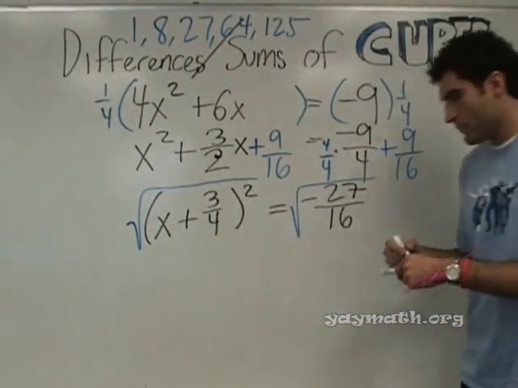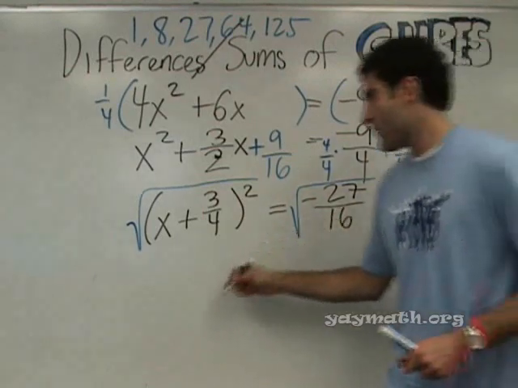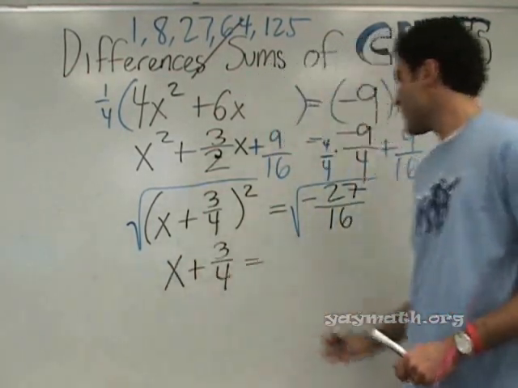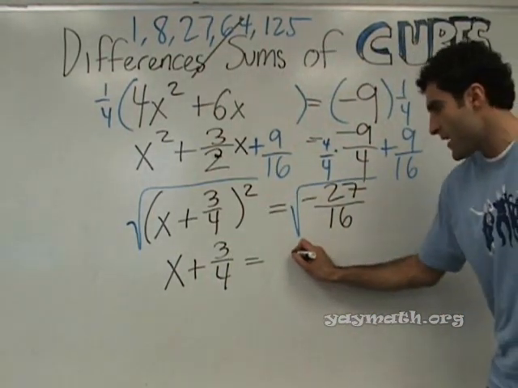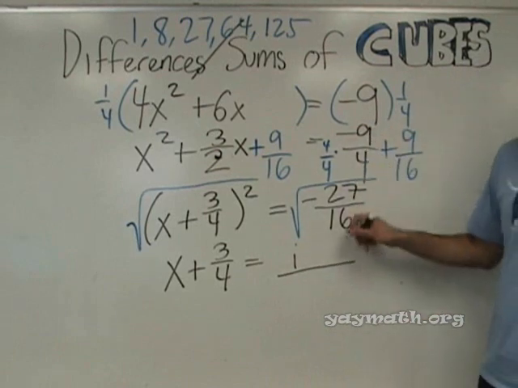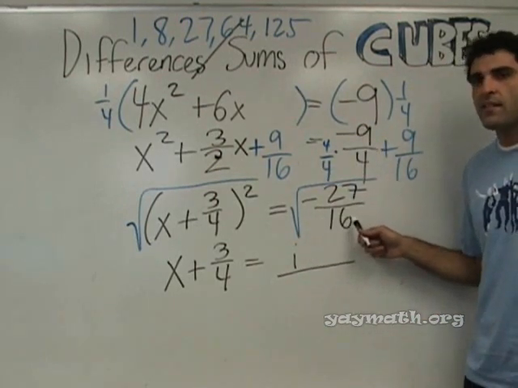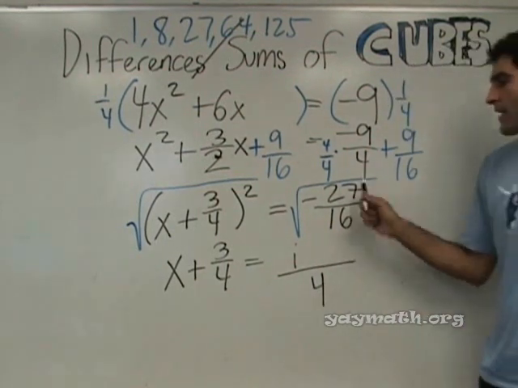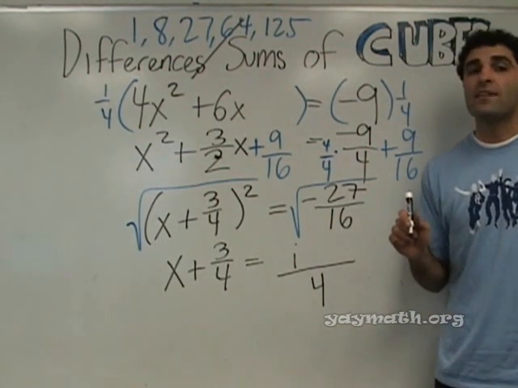And now we have x plus 3 over 4 equals, okay, so we have an i that comes out. So we do the square root top and bottom. 16 is pretty easy. What's the square root of 16? So that's 4 down here in the bottom. And now we have to do the square root of negative 27.